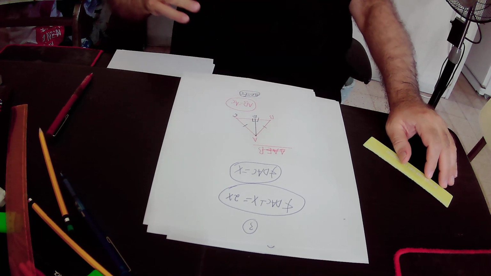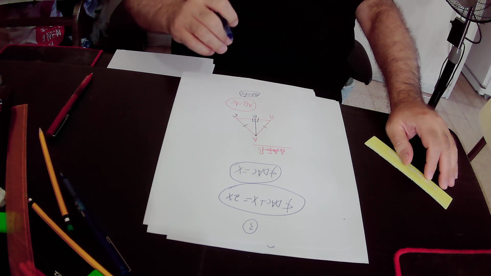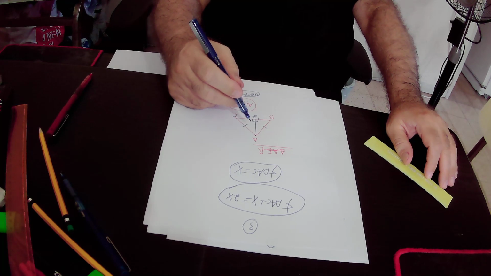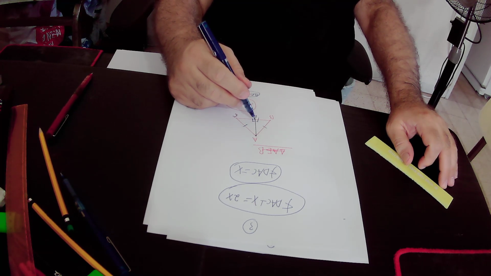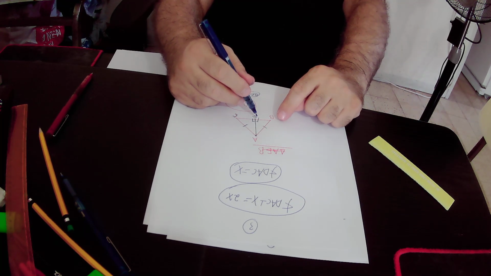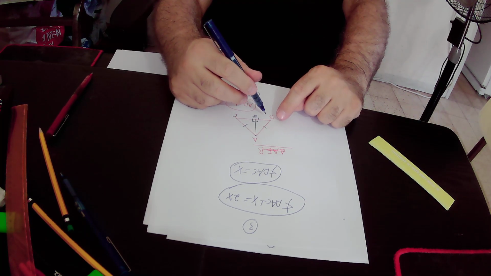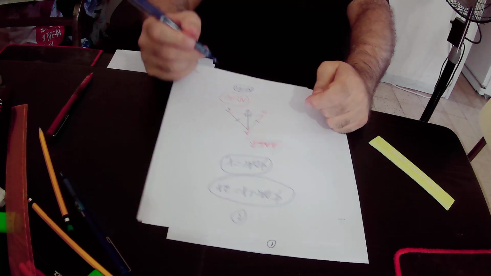So, whenever you draw a perpendicular in an isosceles triangle, then that perpendicular creates two equal sides, that is to say BE equals EC.